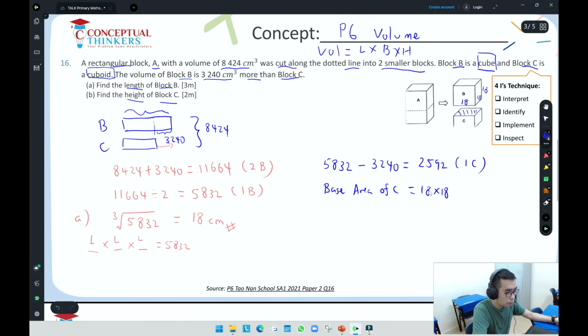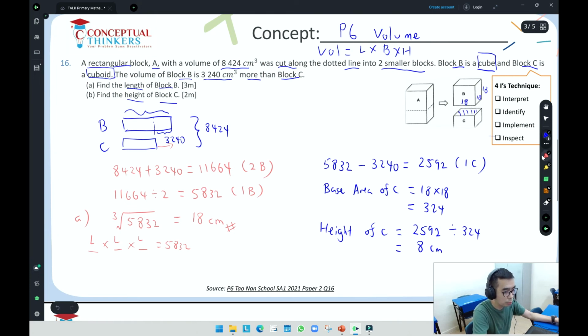This will give me 324. This is the base area. So to get the height of C, we just need to take the volume of block C divided by the base area of block C. This will give me 8 cm.